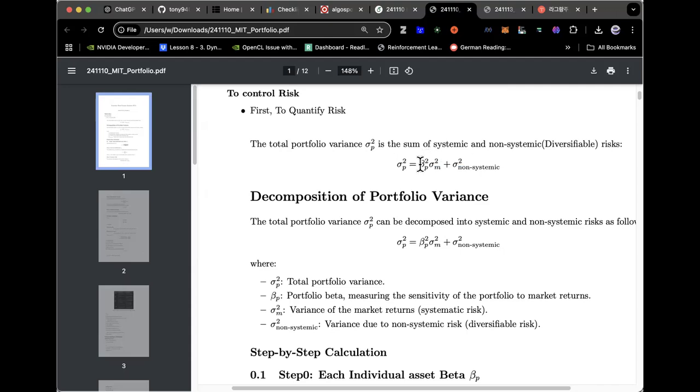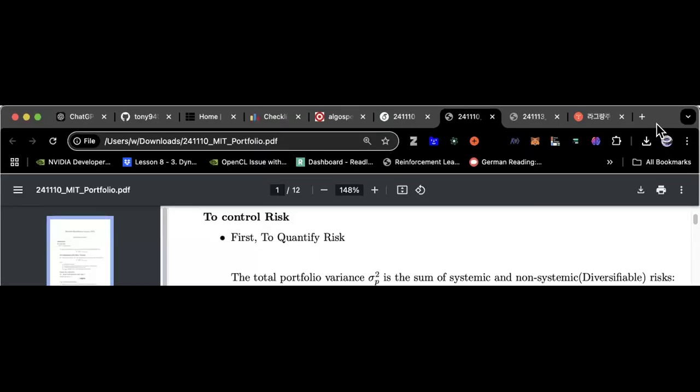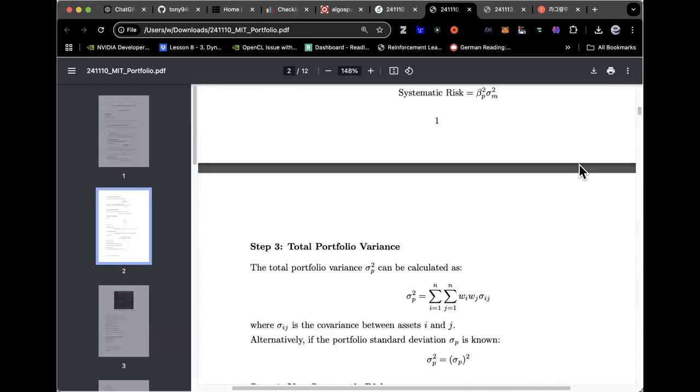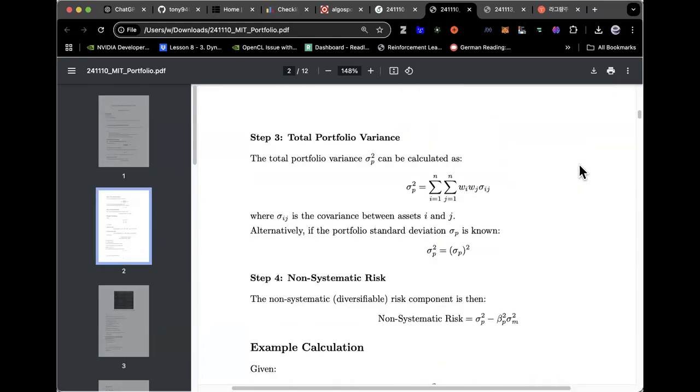And we can divide the risk, and we can use plus sign. There is this risk, and there is this risk. Understandable? Kind of.